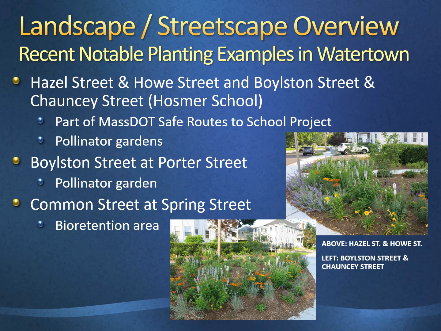Also at Boylston Street and Porter Street is another pollinator garden, and recently constructed at Common Street and Spring Street is a bioretention area. These are intended to include a variety of plant material, including native species that are attractive to pollinators like birds, butterflies, and bumblebees.